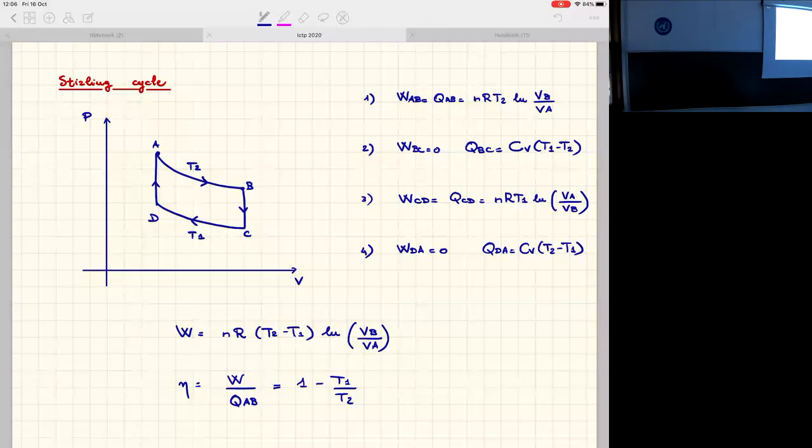I think that overall it's because Q_DA is equal to minus Q_BC and therefore they cancel each other. So that's really, I mean, an isochore. I'm getting confused. Q_BC. Just a second.